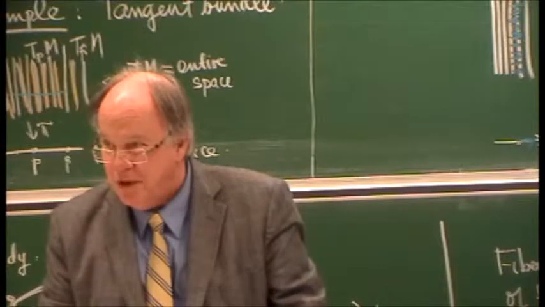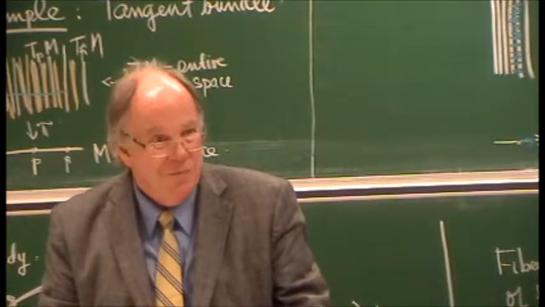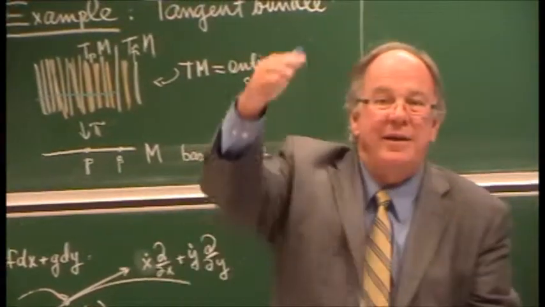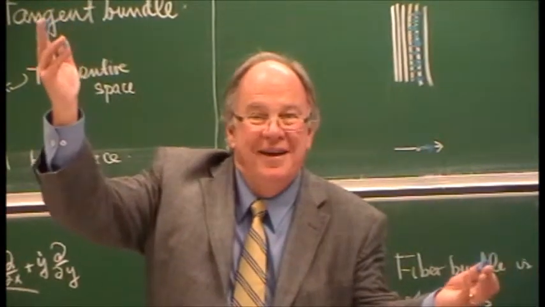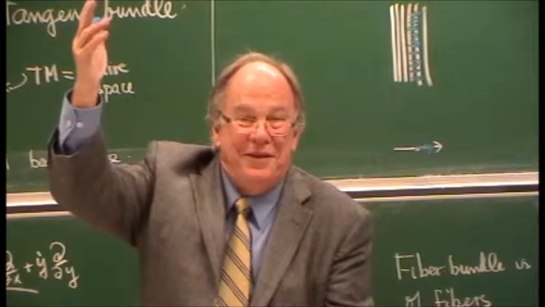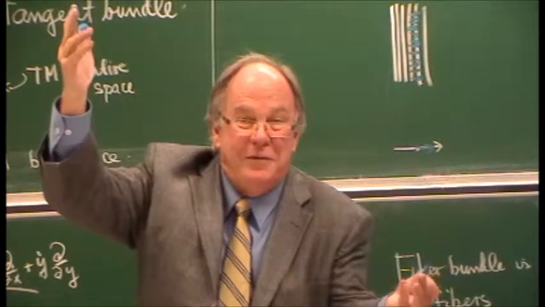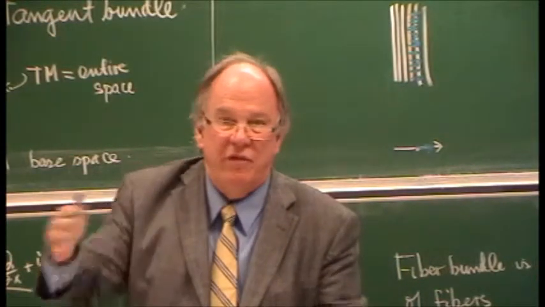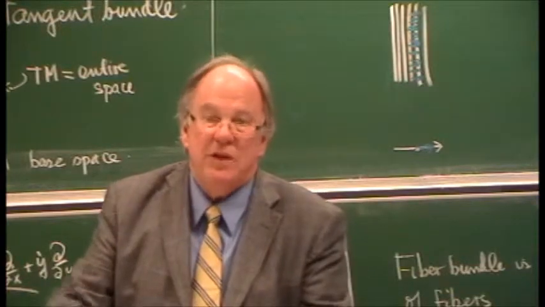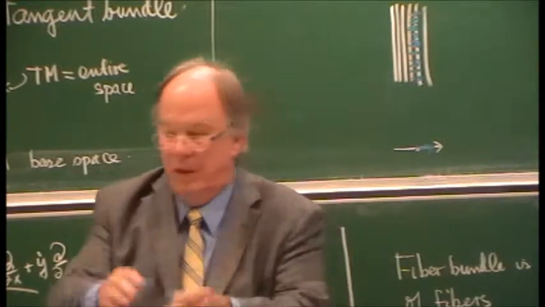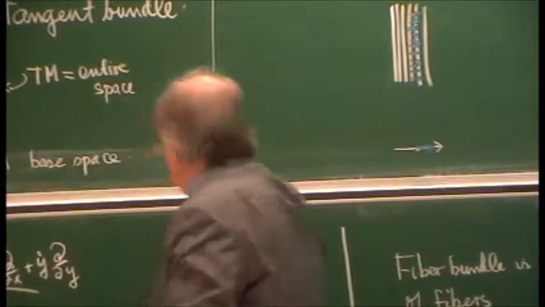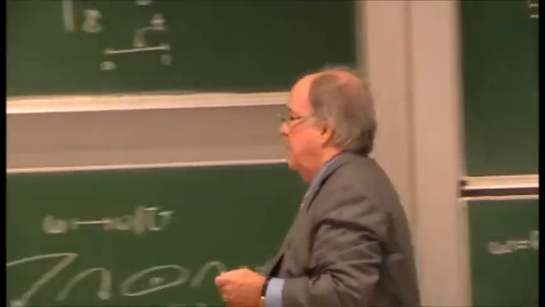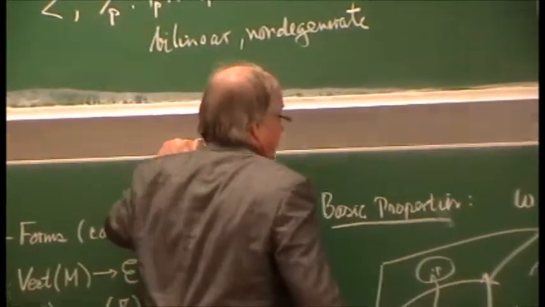That's a fundamental construction, and I would love to use this all of the time, but in order to do it, I need a differentiable structure upstairs. I mean, I need to know what a vector field is upstairs, right? Otherwise, I don't know how to do it. So it's sort of putting the cart in front of the horse. But it's a good idea. So let me now come to the smooth structure.